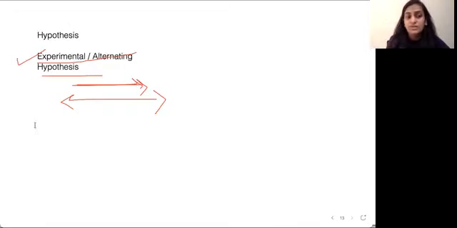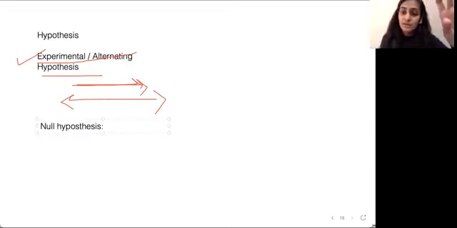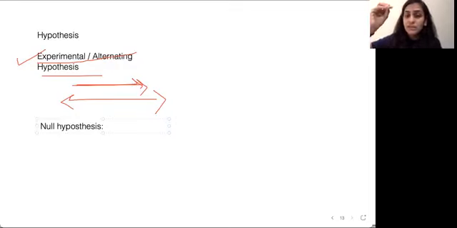Now, the other hypothesis that we know is a null hypothesis. So whatever assumption you have made in the experimental hypothesis, null hypothesis is exactly opposite. So if I tell hold, relax will improve the range of motion in my alternating hypothesis, what will my null hypothesis say? Hold, relax will not improve my range of motion.